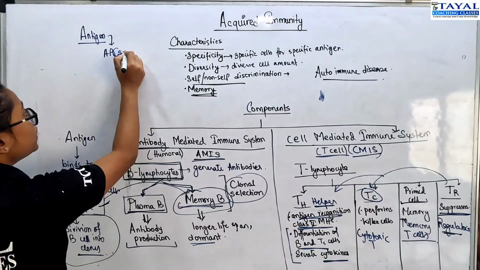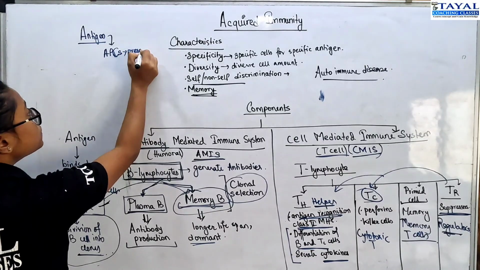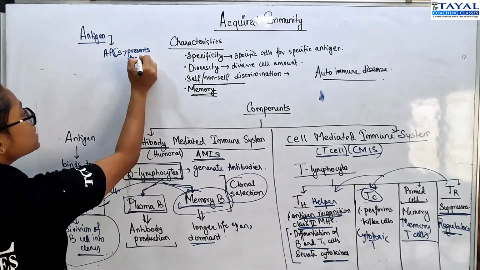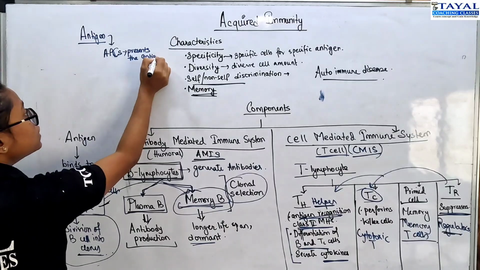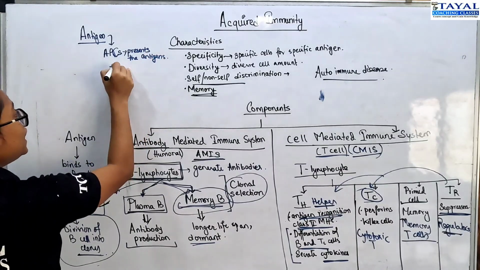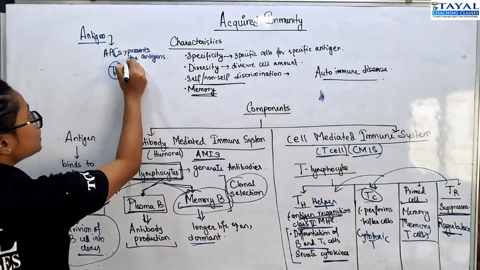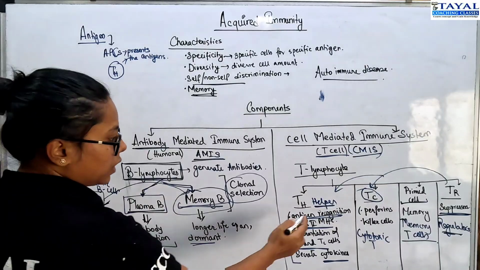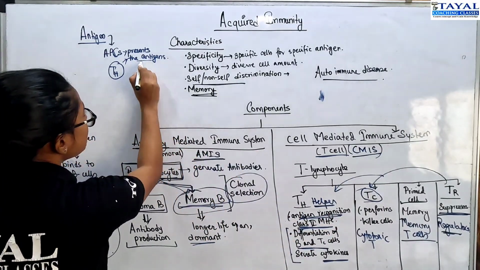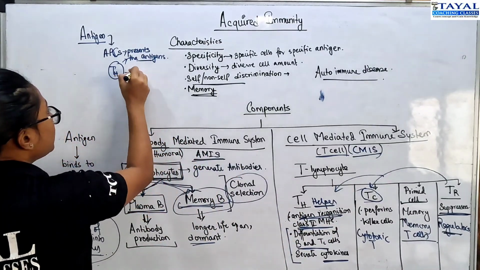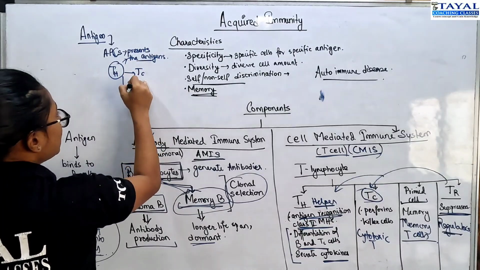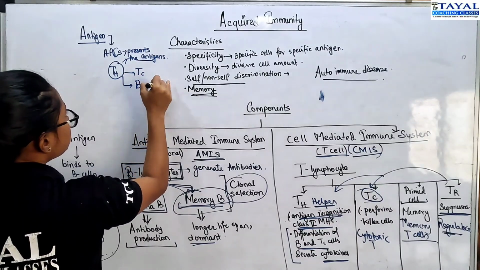So APCs help in presenting the antigen. Once the antigens are presented, the T helper cells recognize these presented antigens and recruit TC and B cells.